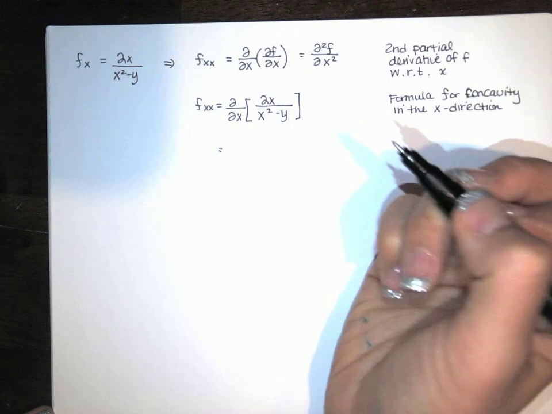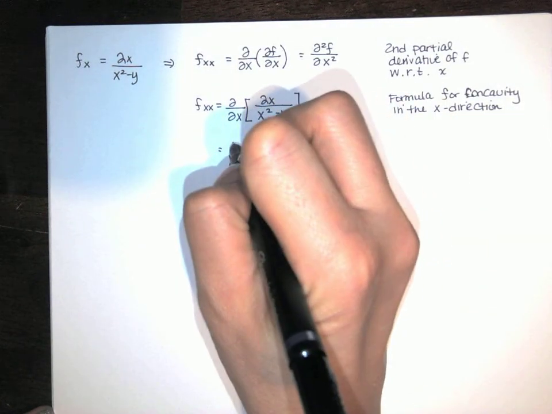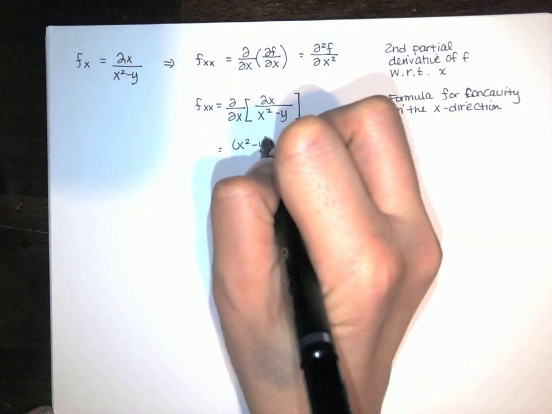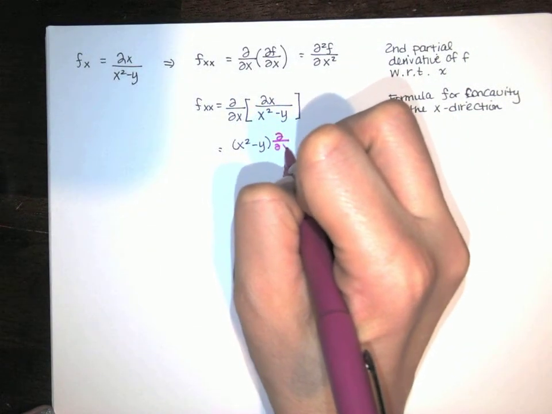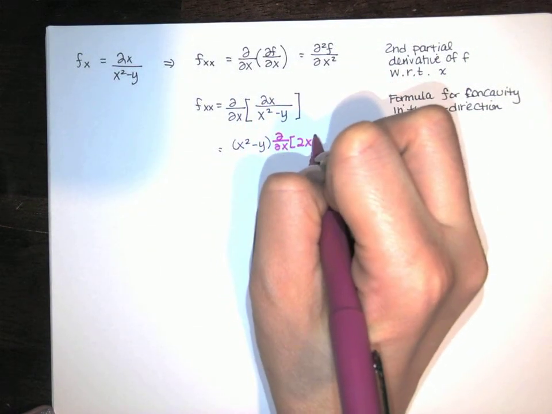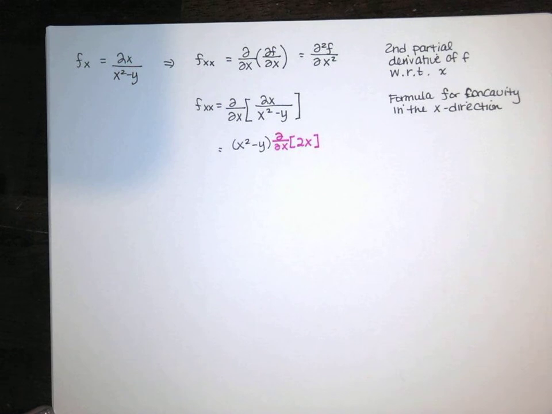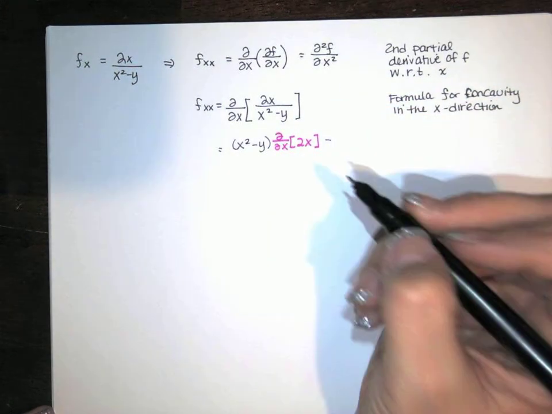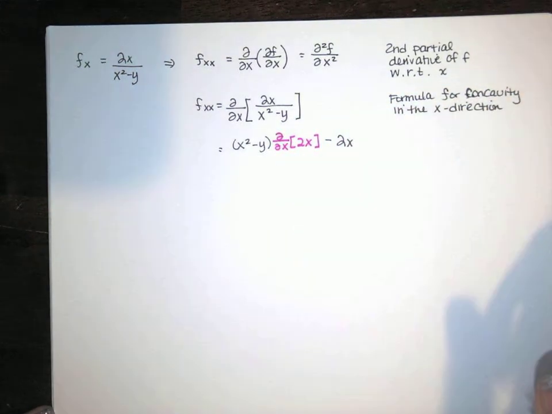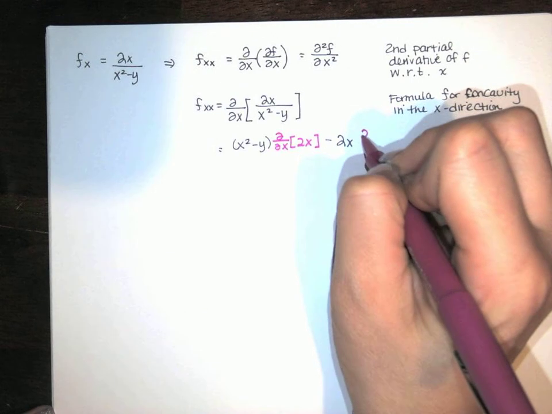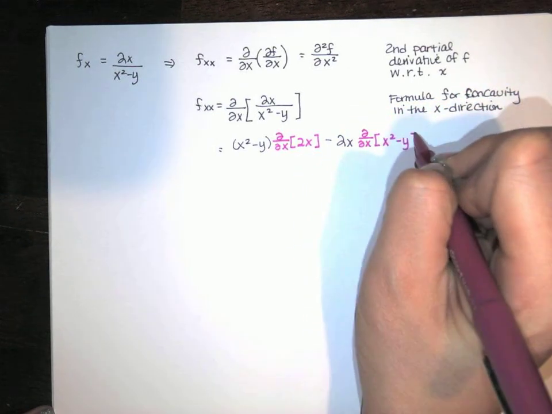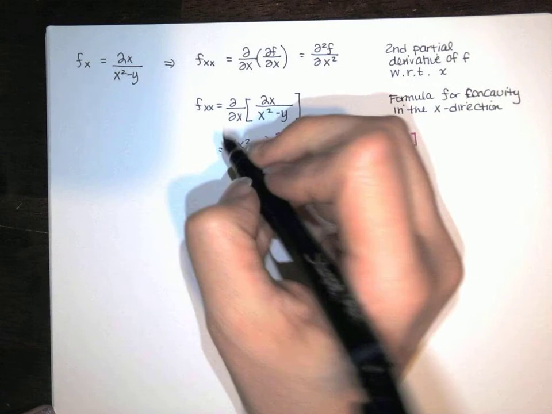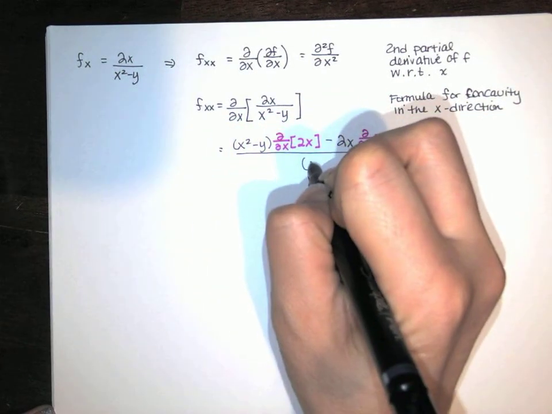So according to the quotient rule, the derivative of this is the bottom function times the derivative of the top function with respect to x, treating y as a constant. So that's low d high, you probably remember this from Calc 1, minus high, top function, d low, partial with respect to x, treating y as a constant, all over low low, bottom function squared.